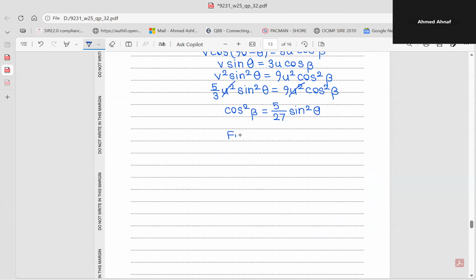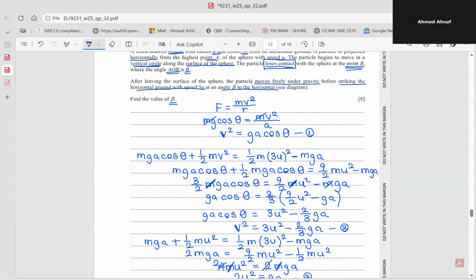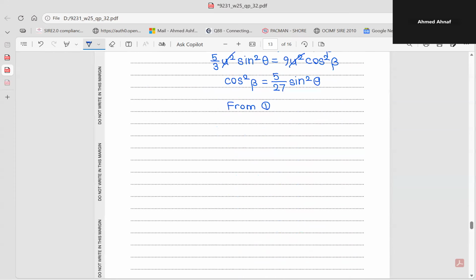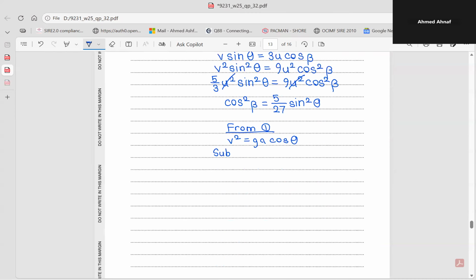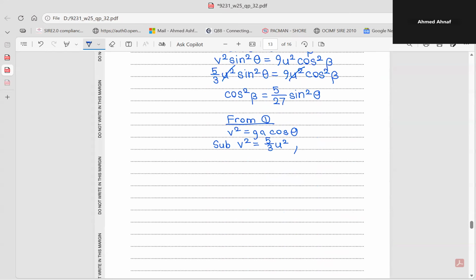So yeah, from equation one, V squared is GA cosine theta. And then we can sub V squared equals 5 over 3 U squared and equation 3 into 1.